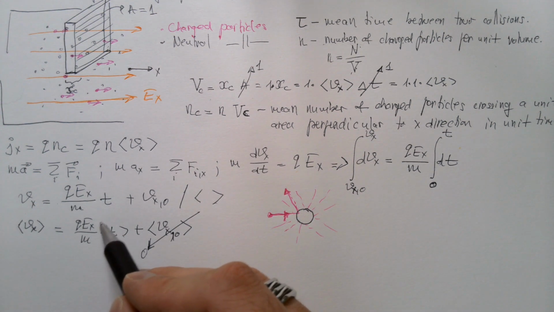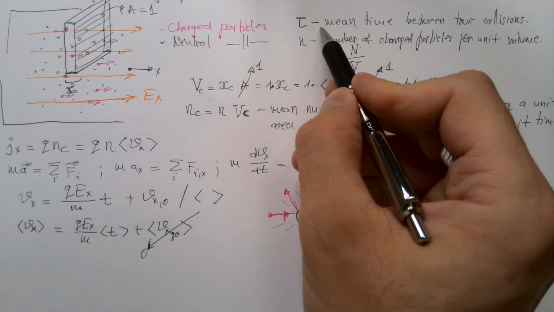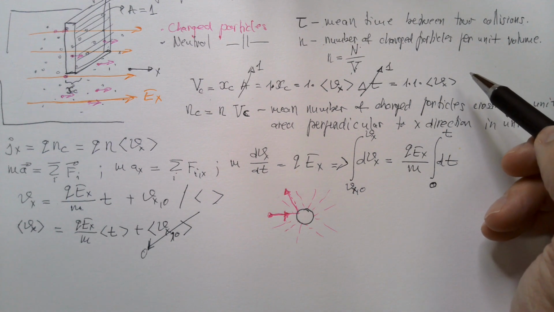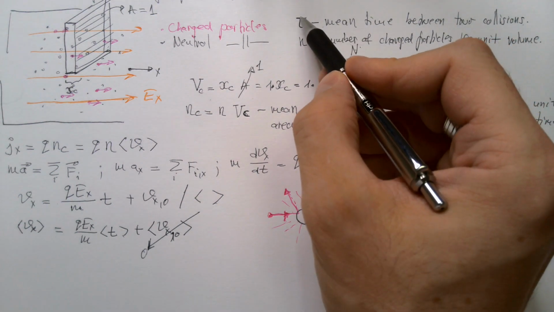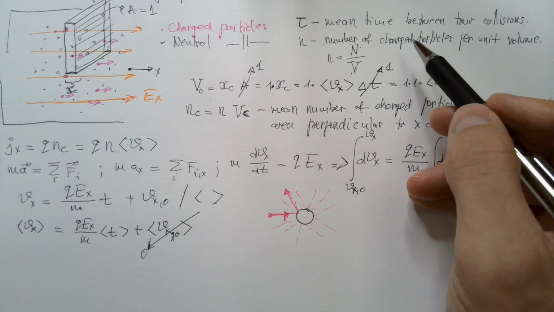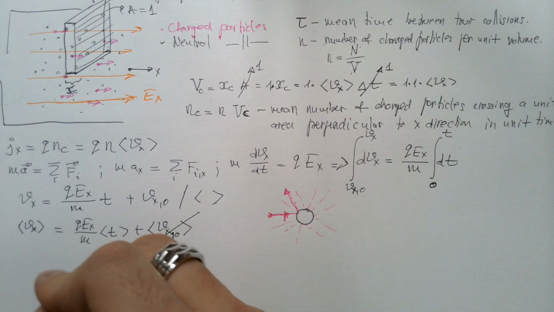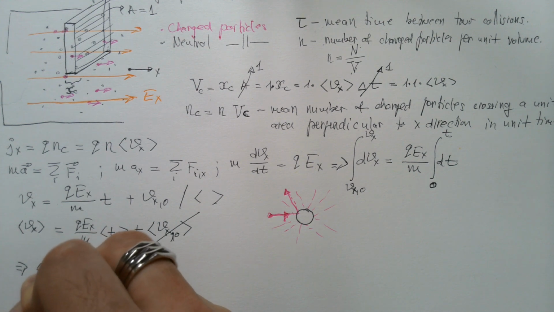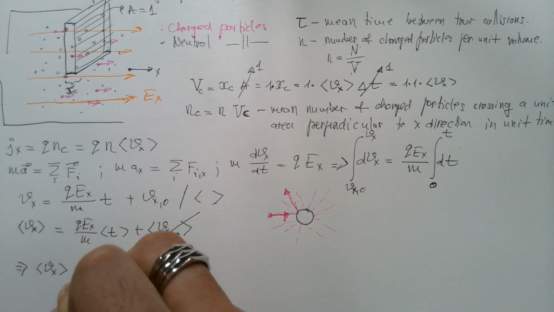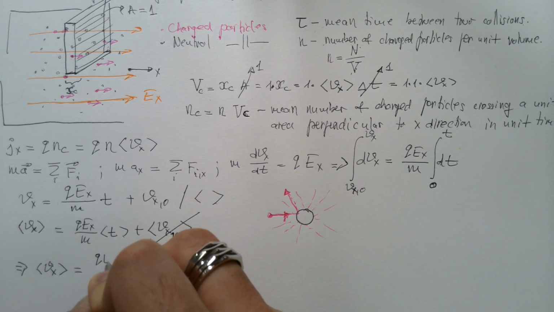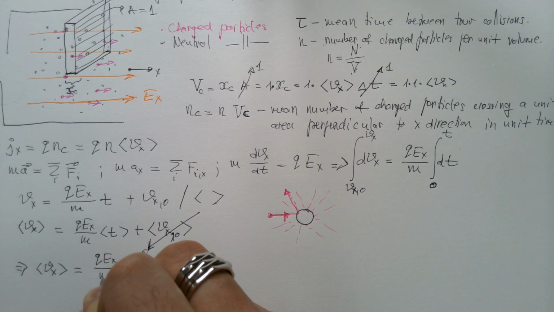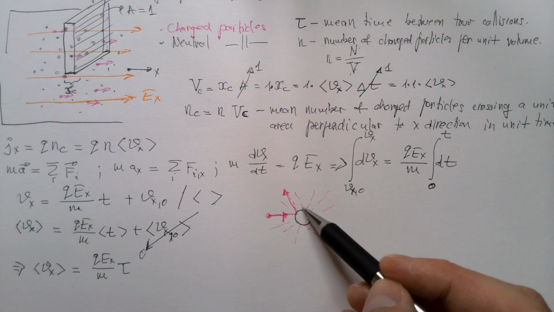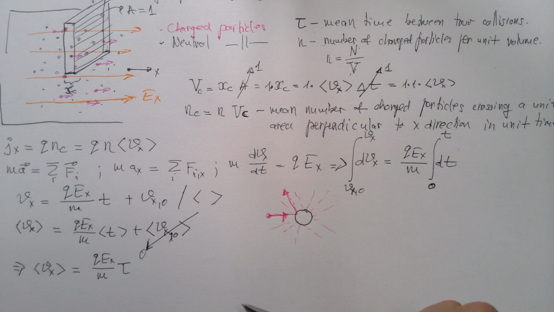Furthermore, you can see that this average time we already defined as the mean time between two collisions, and as I said, I have an entire video on deriving tau using other fundamental properties of the gas. So all these together lead to average Vx being equal to q Ex over m times tau. Let me just go back to this figure and explain something conceptually.